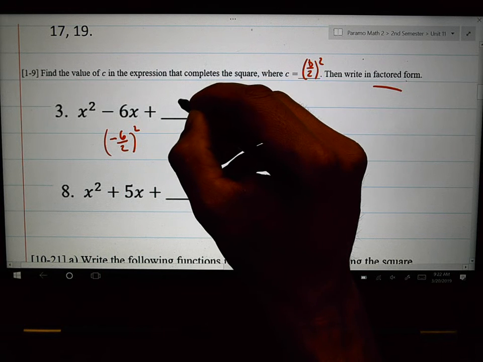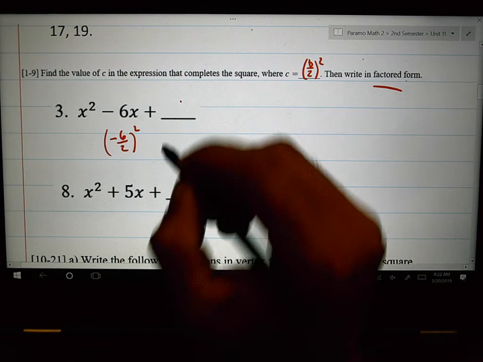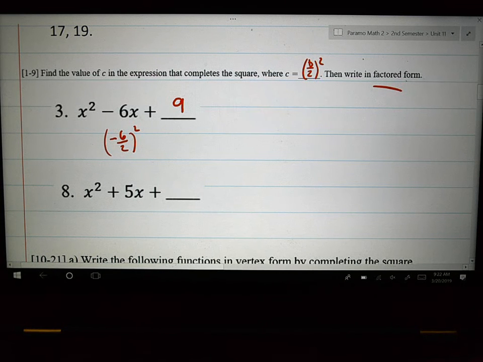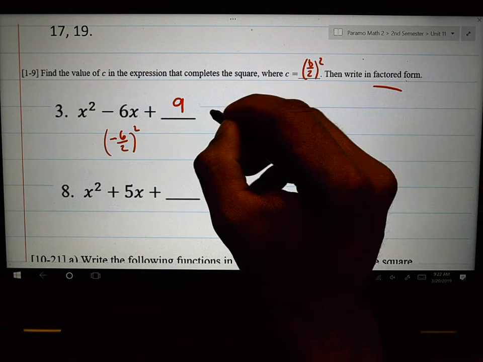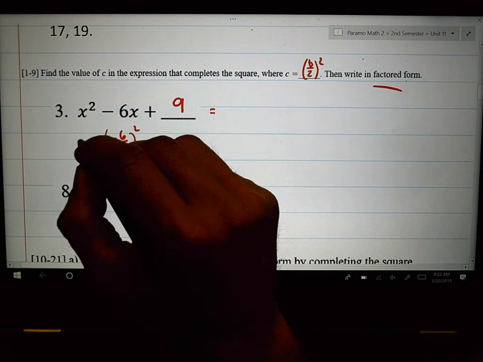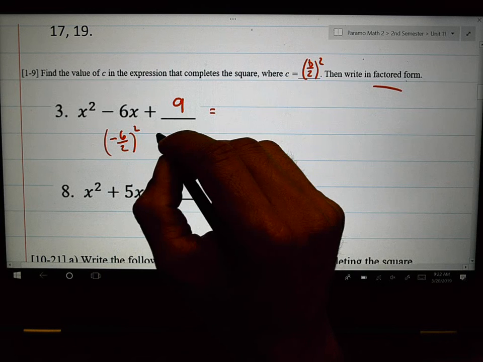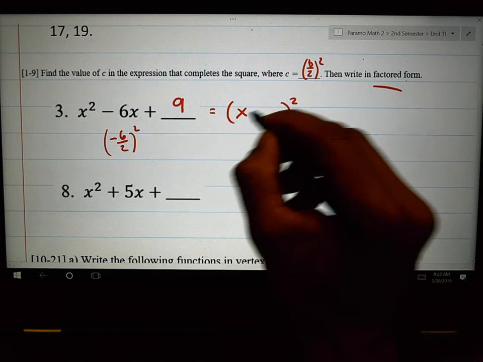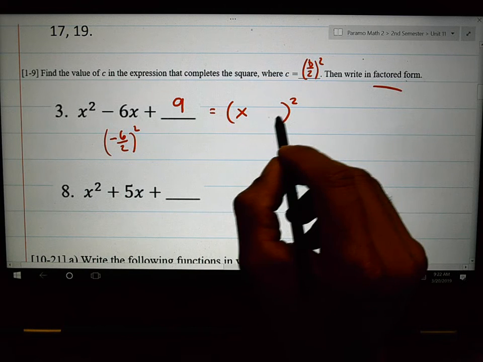What does that make? If you know, say it out loud. I agree. That's what goes in the blank. That's your C value. Then write it in factored form. This makes a perfect trinomial squared. This factors perfectly into something squared, and something goes here.